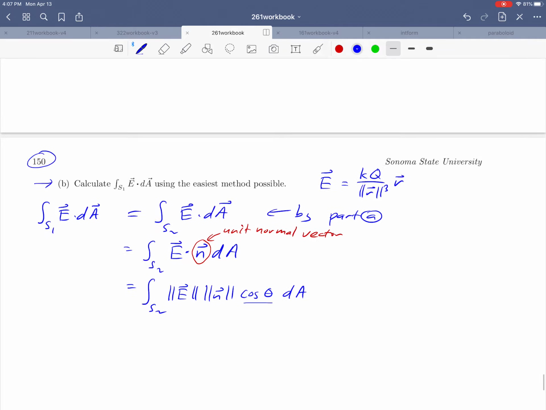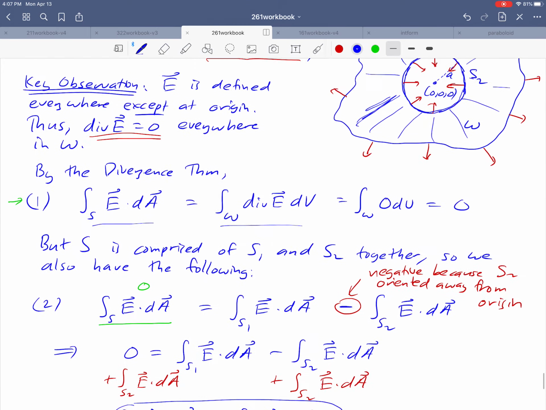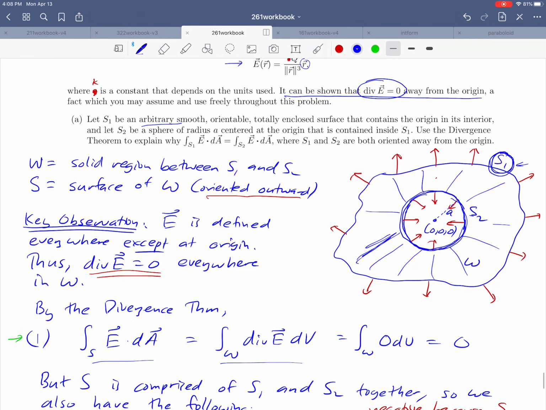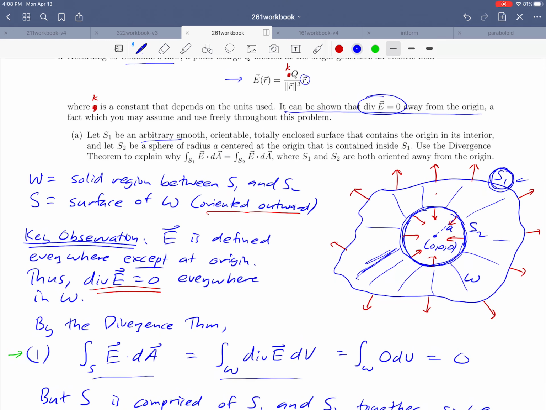Let's go back to our picture again. S2 was a nice regular sphere, the one that I'm tracing out here, and we made the comment at the beginning of our problem that our electric field has radial symmetry. It points directly away from the origin.